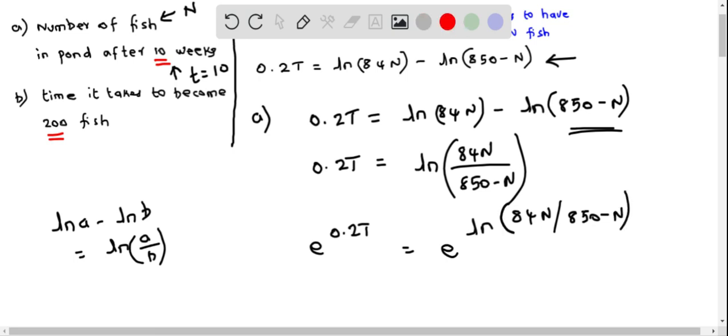On the right side, the e and the natural logarithm cancel each other, because they are inverses, and we can simply rewrite this as 84n over 850 minus n. And this side we still have e raised to the power of 0.2t.